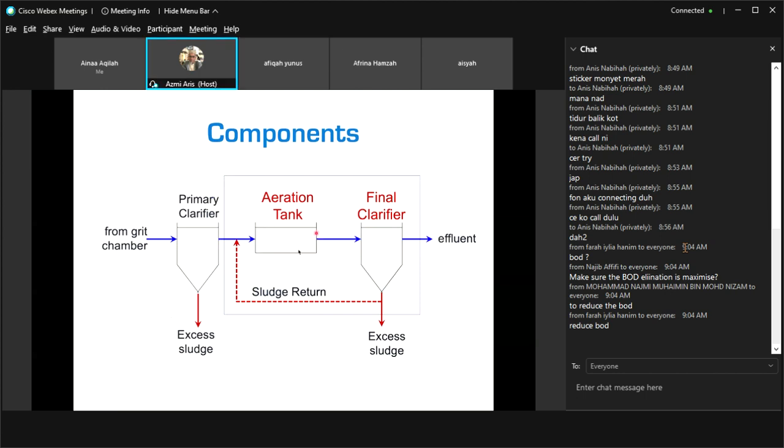The hydraulic retention time is equal to volume divided by flow rate. Whatever the size of the flow rate, for the aeration tank, the wastewater will flow.